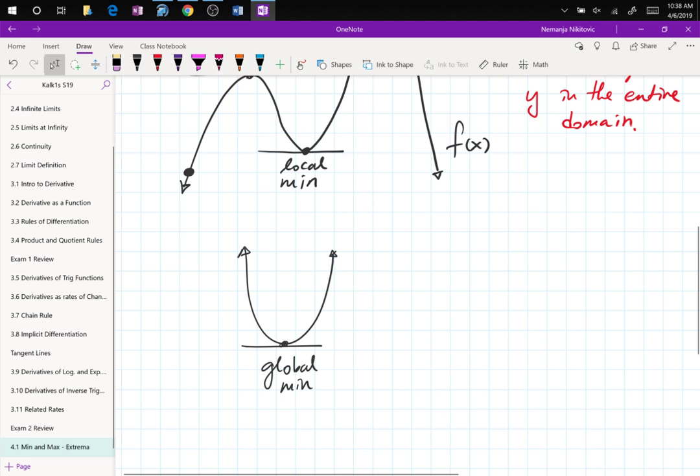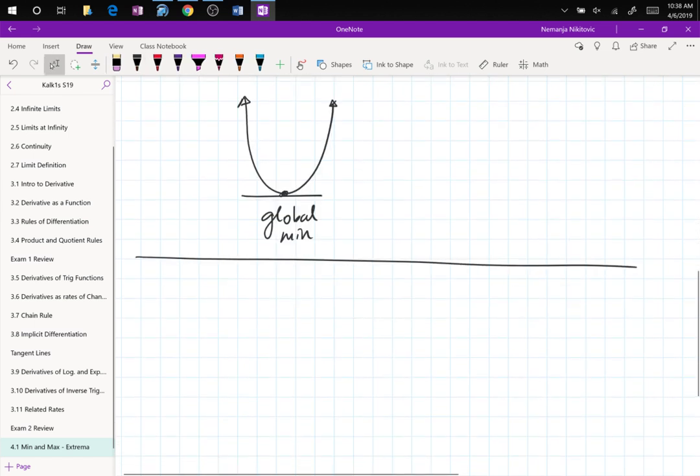So now we have the vocabulary of global or absolute, min or max, and then relative or local, right in its own neighborhood. The next is for us to define something that is called the critical point, because these min and max values will occur at those critical points.